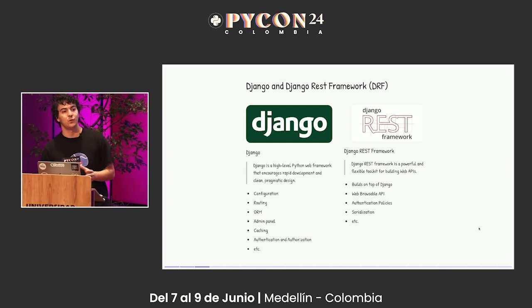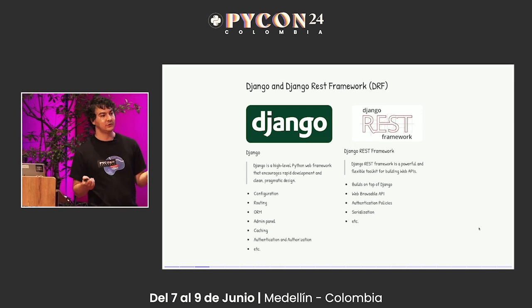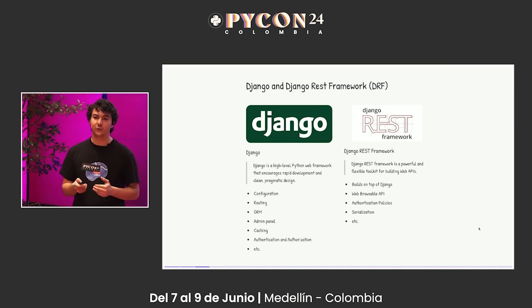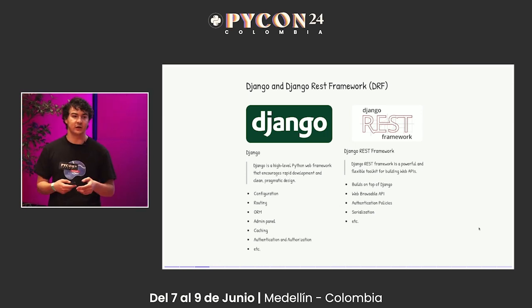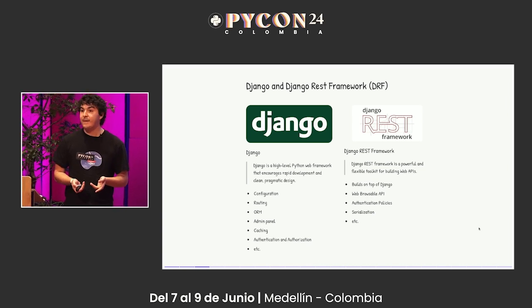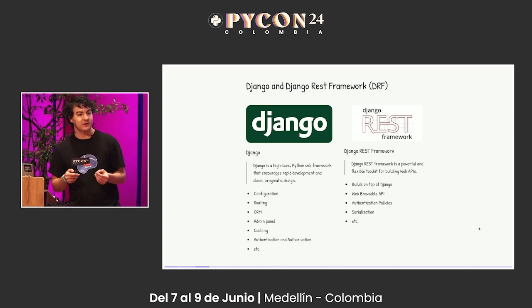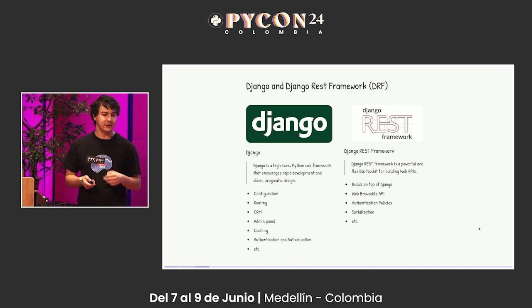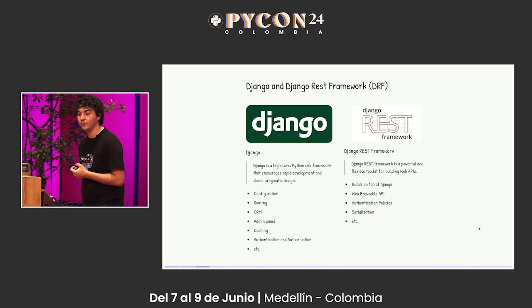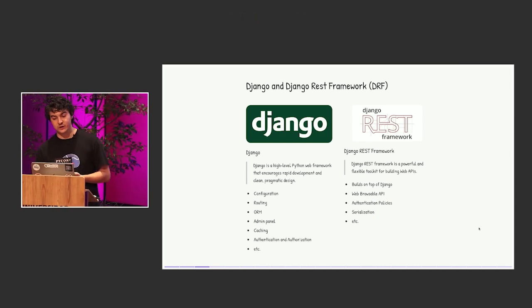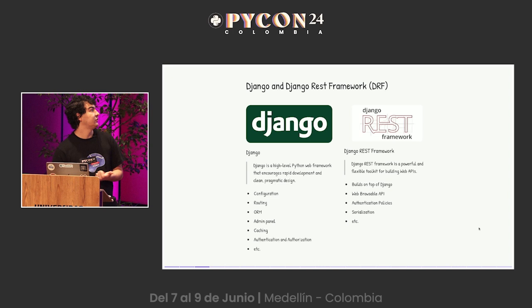And then when web development started going to where it is today, where you got these modern frameworks working with JavaScript, then the server side needed something that was specific about APIs and just working with the data. So that's where we got Django REST framework to build REST APIs.